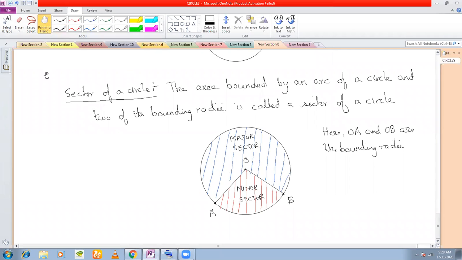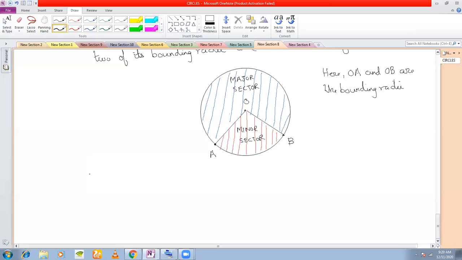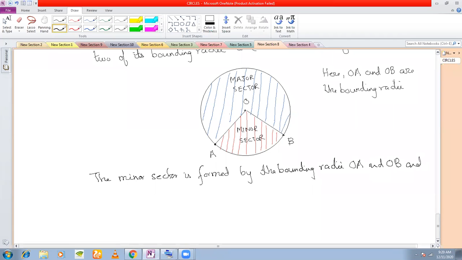So what we see here is the minor sector is formed by the bounding radii OA and OB and arc AB, minor arc AB.